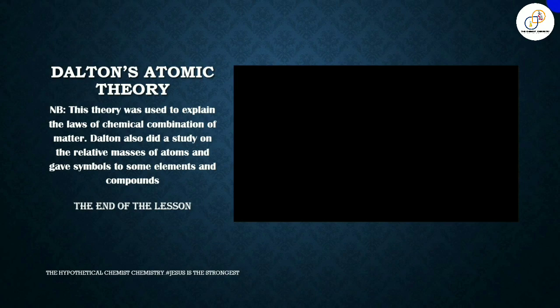And Dalton also did a study on the relative masses of atoms and gave symbols to some elements and compounds. So this will be the end of our lesson. So maybe you are thinking, does it mean that Dalton's atomic theory has been disproved, almost all, and so it is not important?